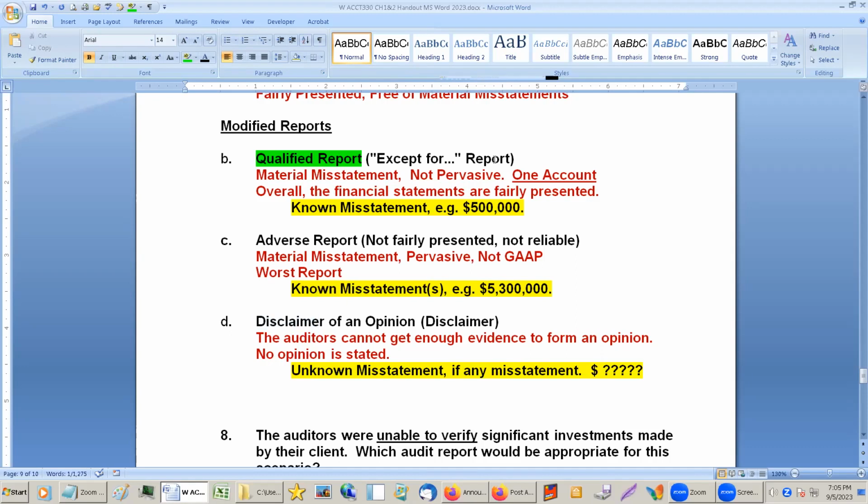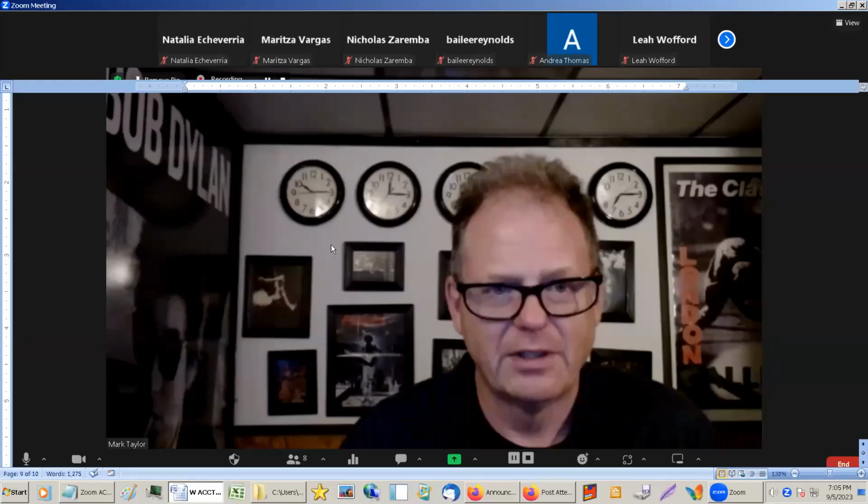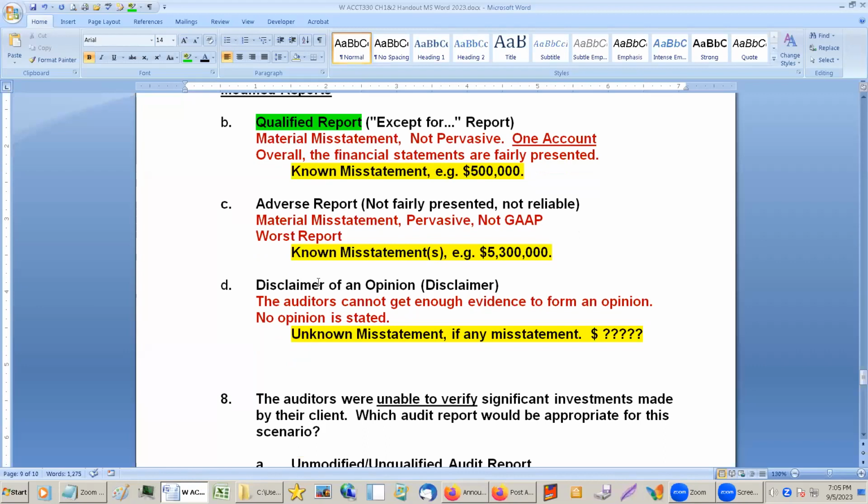The qualified report will say, yeah, we can't verify these investments, but everything else in here is okay. So that actually is a help to the client for what they paid for the audit. Whereas a disclaimer just says, I don't know. Disclaimer is very unhelpful. You're basically giving the client nothing. Here's nothing, and here's my bill.